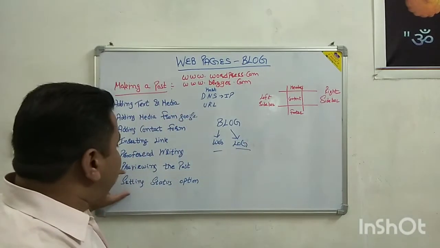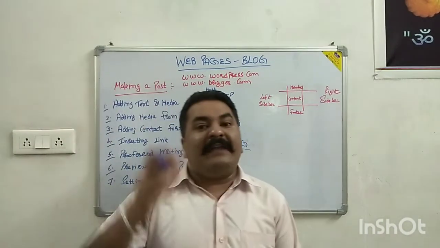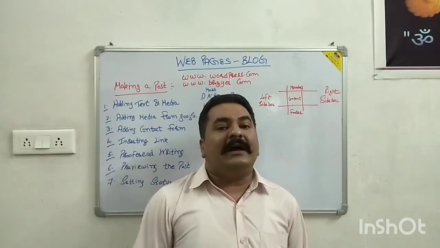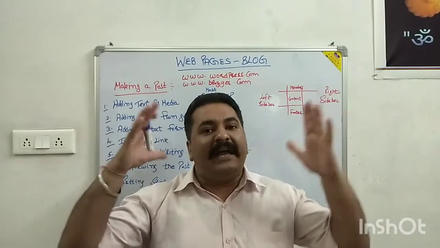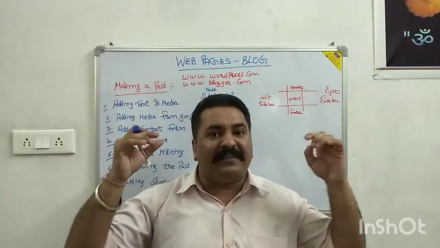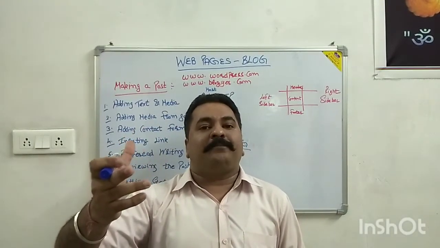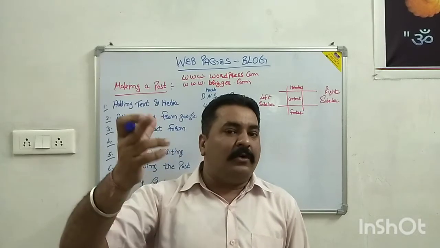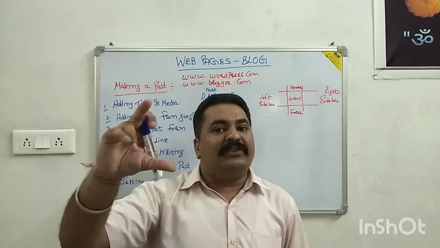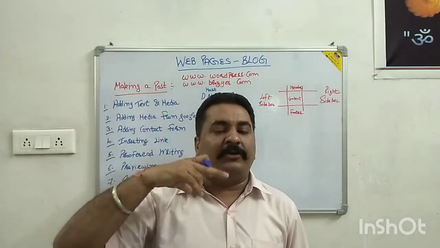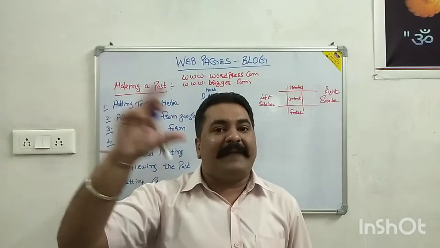Then it comes to the setting status option. When we are creating a post on a blogger, we have to go through a number of settings, as in Facebook or YouTube, where we choose whether to share our post publicly or privately.